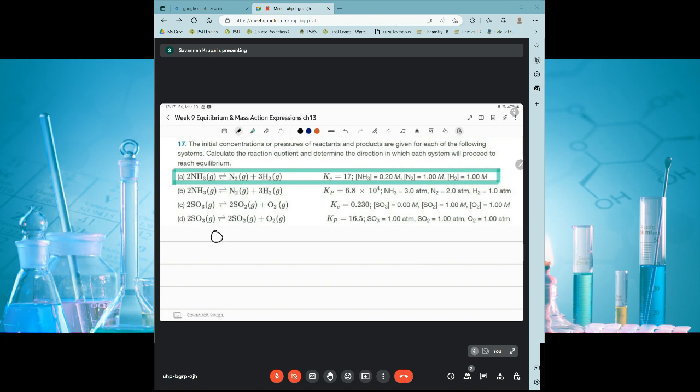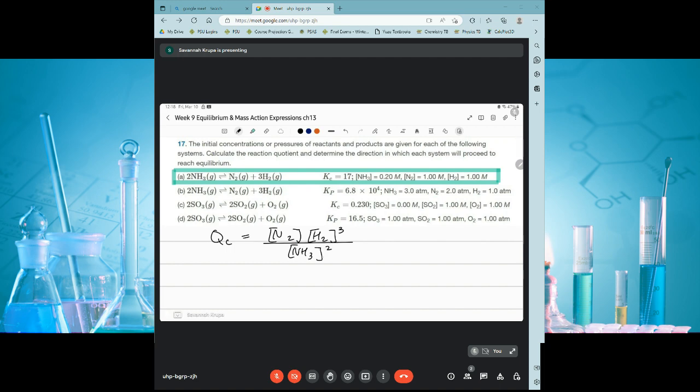So the Qc will look like this. The products are on the top, so we have N2, and then we have H2, and because there is a 3 coefficient, we will raise that to the power of 3, and then divided by the NH3 raised to the power of 2.